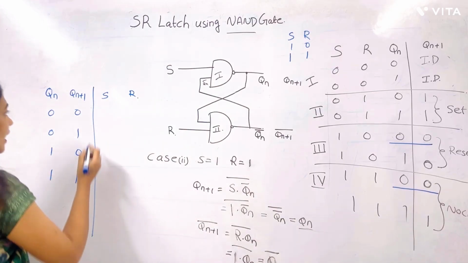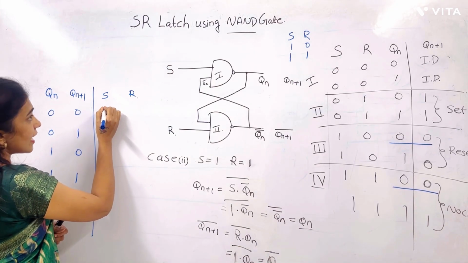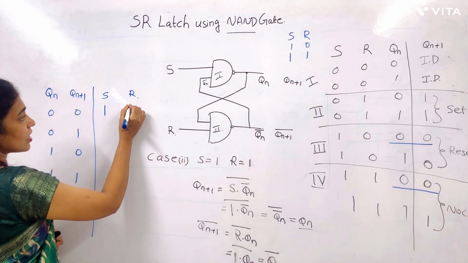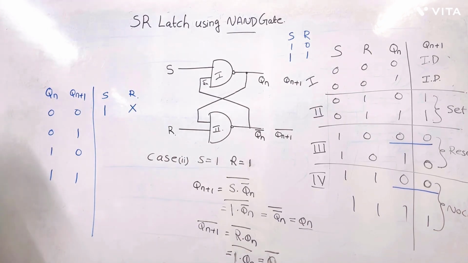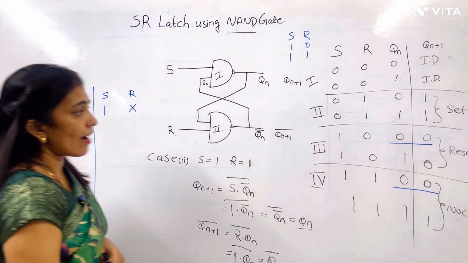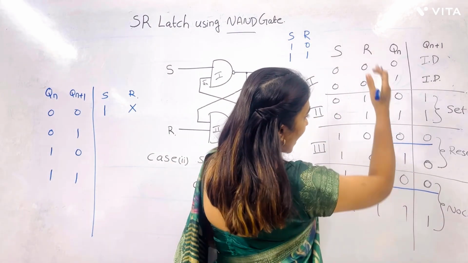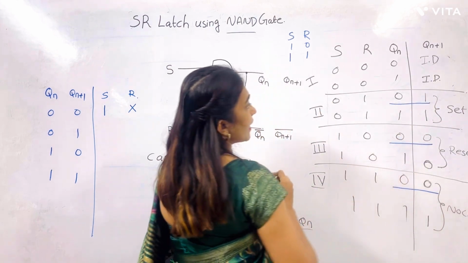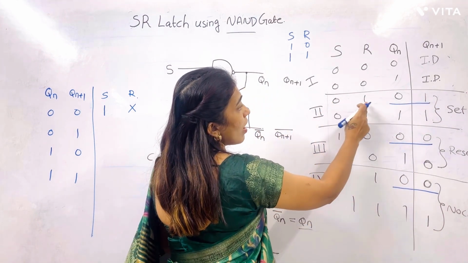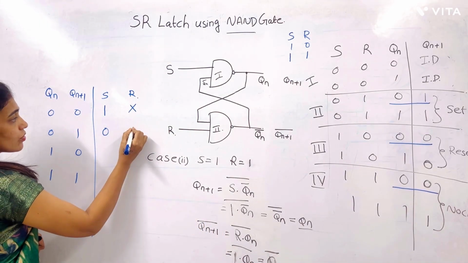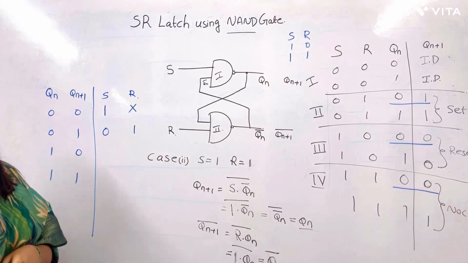So in our excitation table, S value is 1, R value is changing, so X. Next, observe 0 1. In our truth table, where do we have 0 1? Only one time, when S value 0, R value 1.